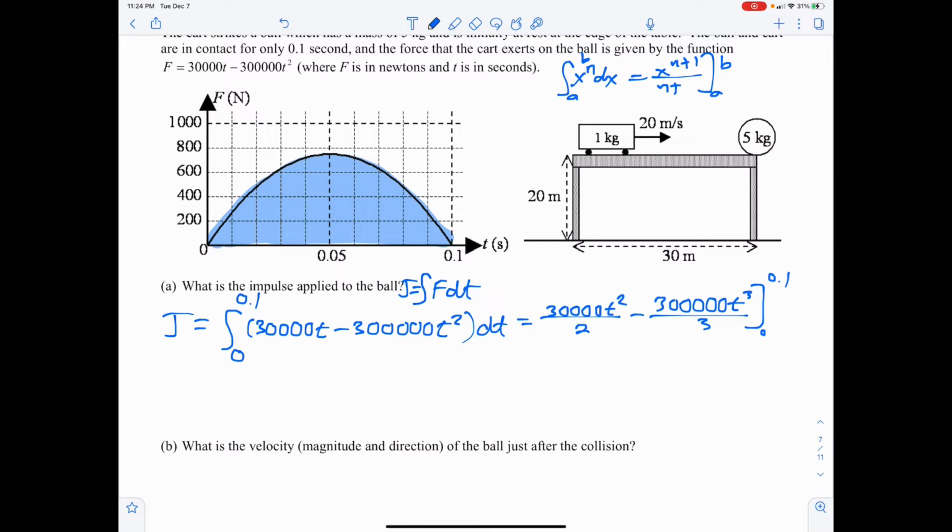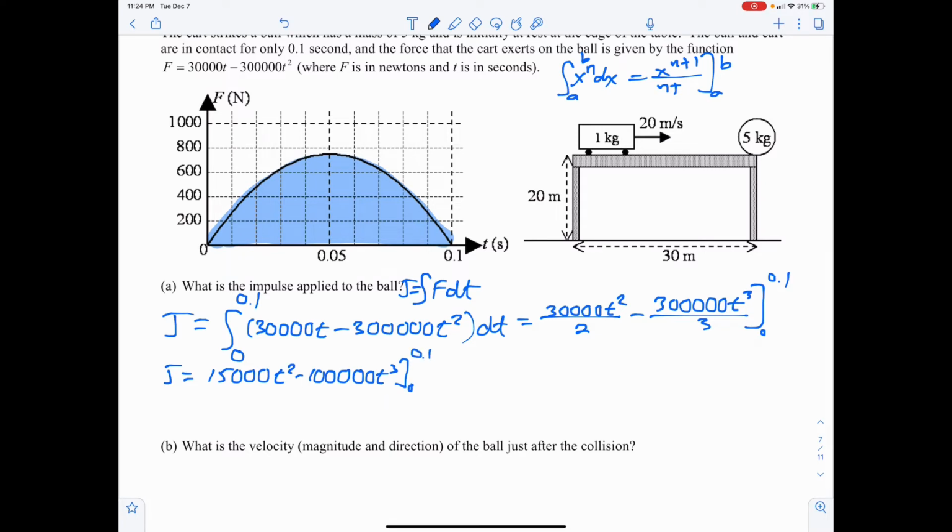Well, half of 30,000 would be 15,000. A third of 300,000 would be 100,000. So the impulse would be 15,000 t squared minus 100,000 t cubed from 0 to 0.1.